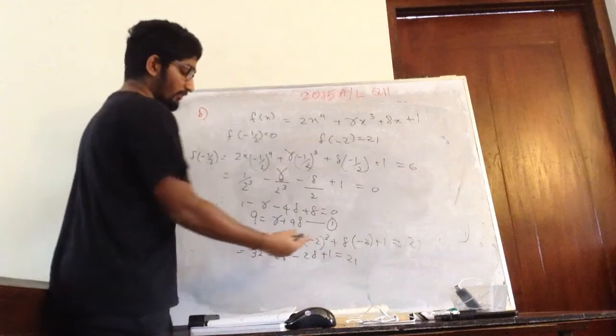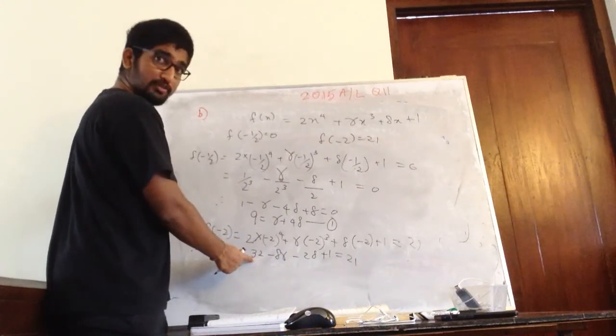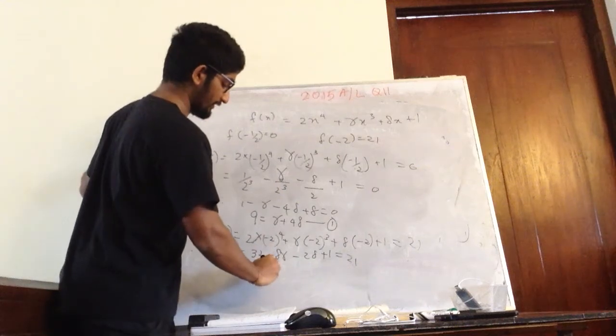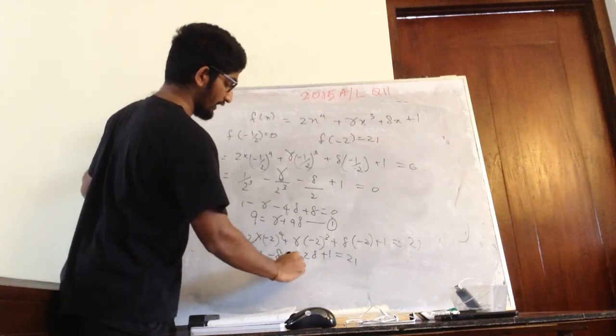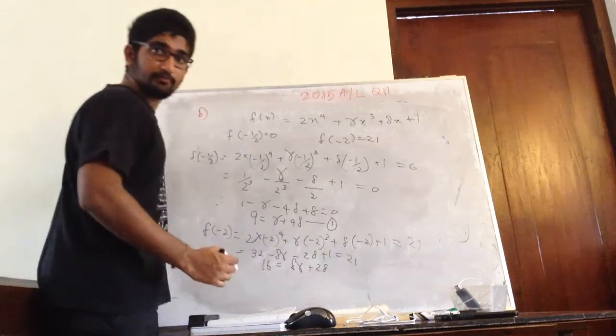So 1 minus 21 is minus 20, and 20 minus 32 is 12, that means 12 equals 8λ plus 2δ.